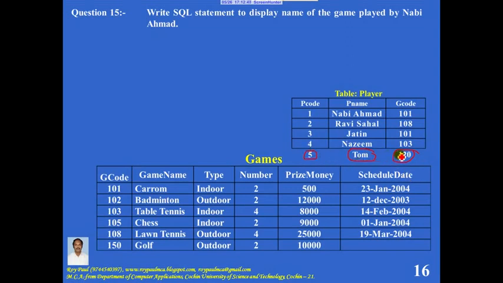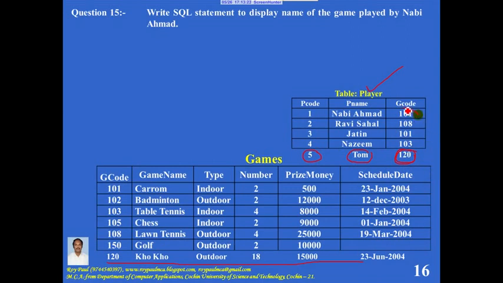I cannot write a statement like this because the details of game with the game code 120 should be inserted here first, like this. First, the details must be inserted here, and only after that, in the child table or in the table player, you can write game with the game code 120 is played by player Tom, whose player code is 5.